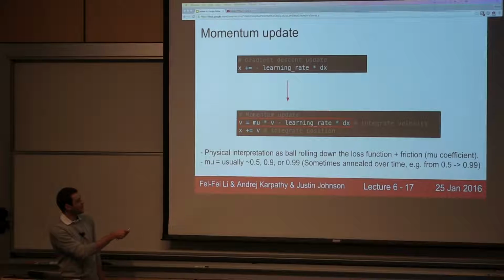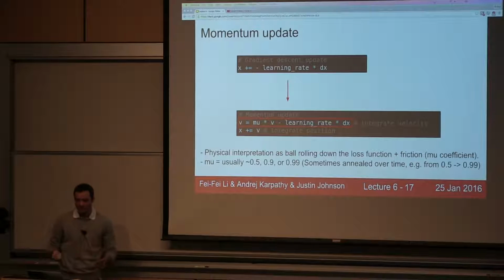We're building up an exponential sum of gradients from the past, and that's what's integrating the position. This mu here is a hyperparameter, a number between 0 and 1, and it's decaying the previous v and adding on the current gradient.